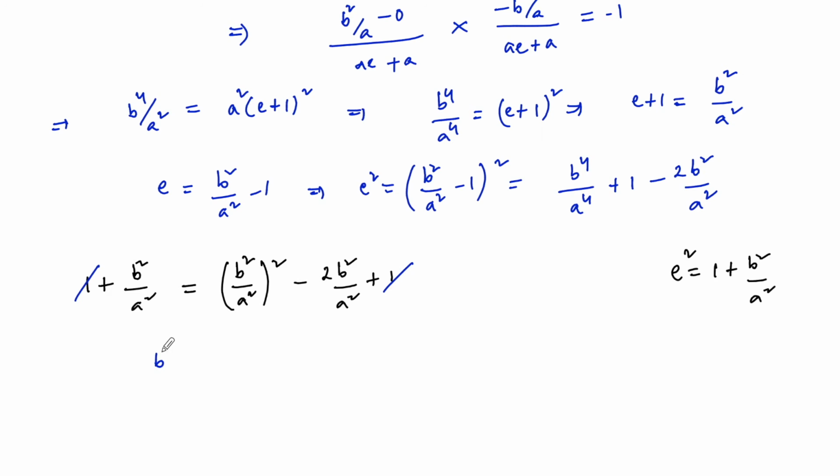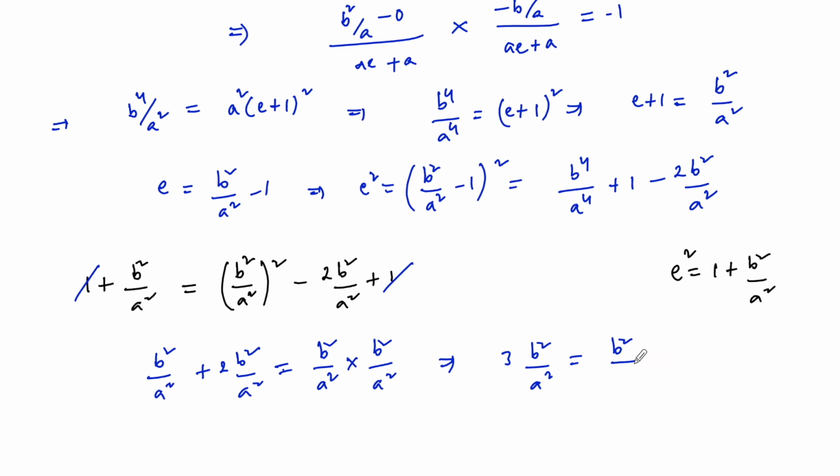So b²/a² + 2b²/a² = (b²/a²)², that is b²/a² into b²/a². So 3b²/a² = (b²/a²)(b²/a²). We can cancel one b²/a² term on both sides, which implies that b²/a² is 3.